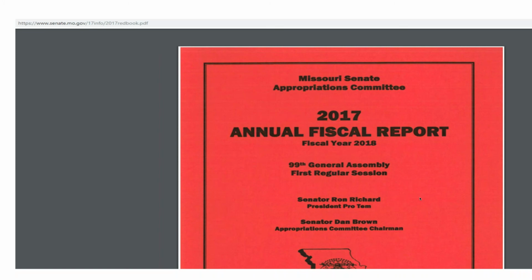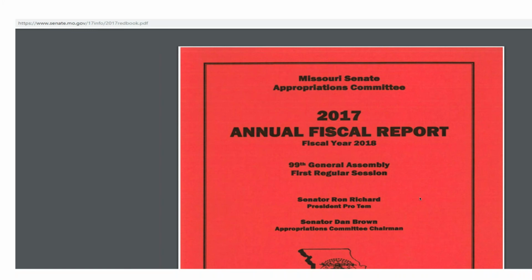This is a screenshot of the online version of the Red Book that can be found at the Senate website. And you can see up in the upper left-hand corner the URL for the Senate, senate.mo.gov, 2017 Red Book.